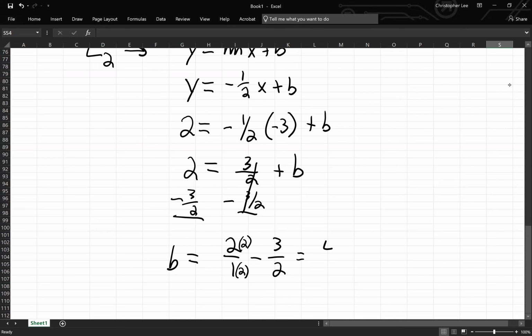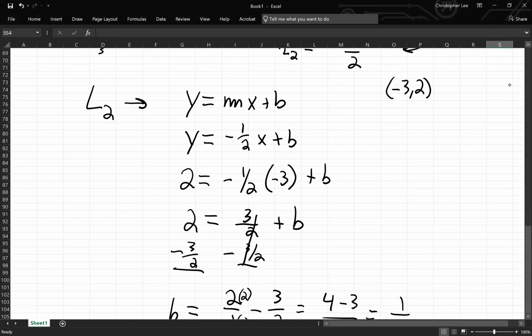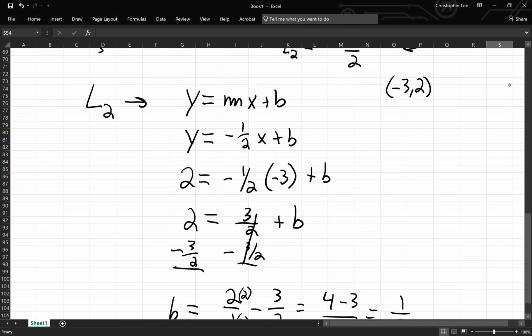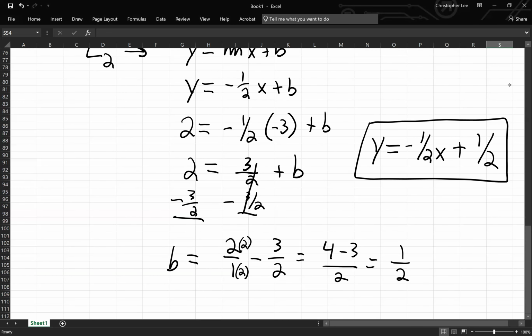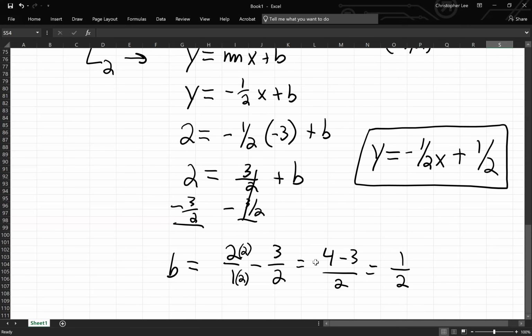So now I have 4 minus 3 all over 2. Call that 1/2. So what is my equation of a line? My final equation: y equals negative 1 over 2 x plus 1 over 2. And box your answer, and then that's it. All right, let's move on.